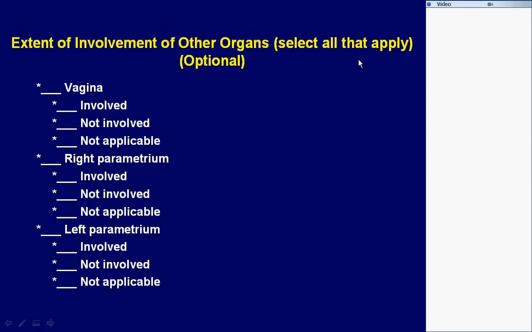Extent of involvement of other organs, these are optional. My take on this, and in our institution, anything which is optional, we do not include in our synoptic report because it makes it unnecessarily long. The clinicians go a little crazy, so we tried not to do that.